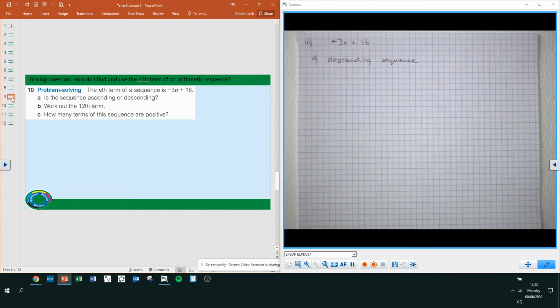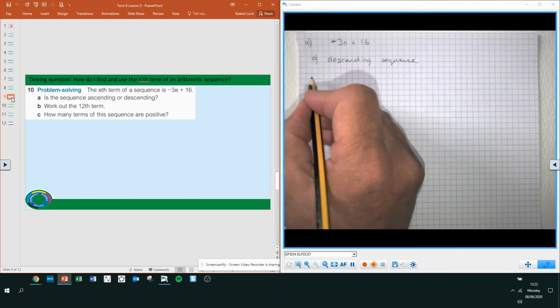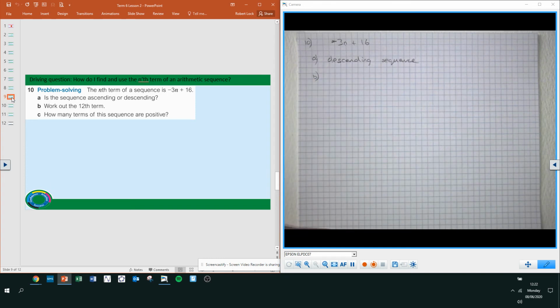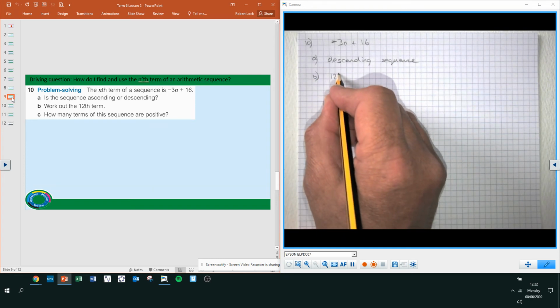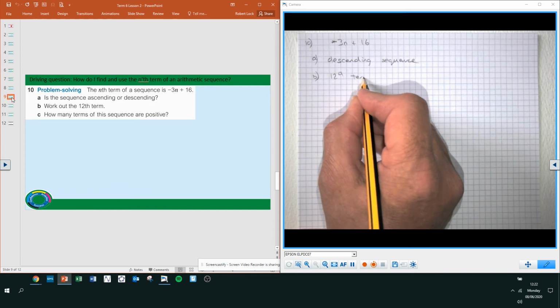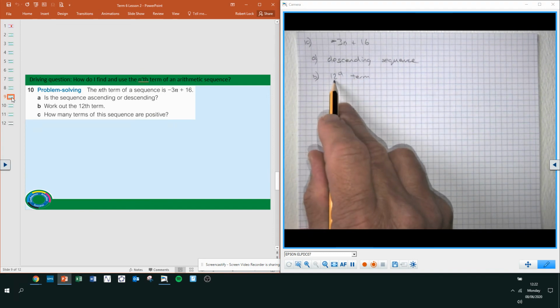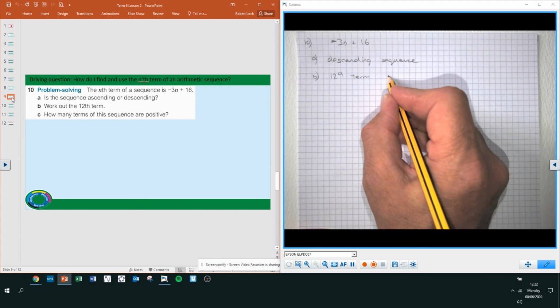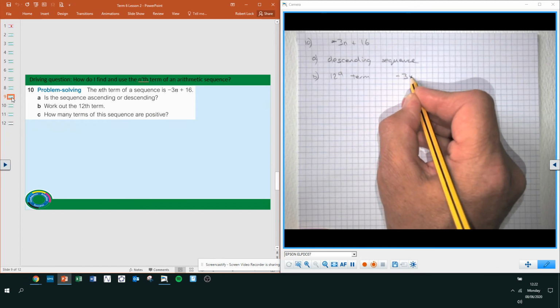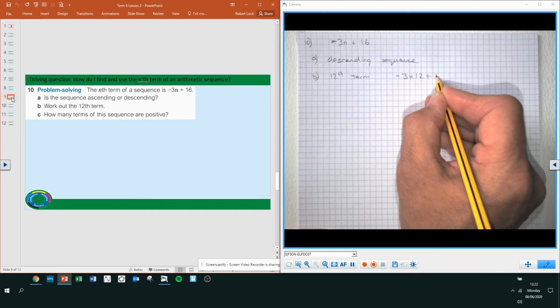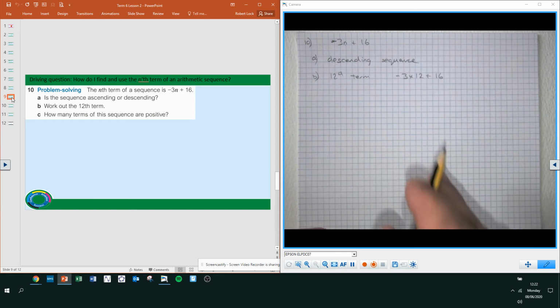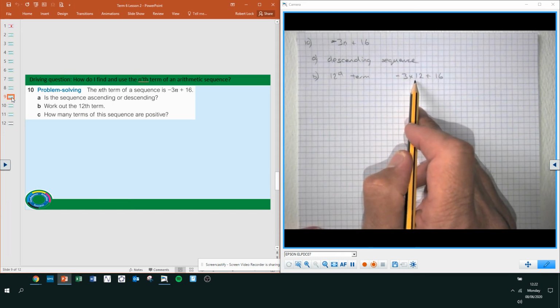A descending sequence. B. Work out the 12th term. We want the 12th term. Well, 12 with n, so minus 3 times 12 plus 16. So 3 12s are 36.